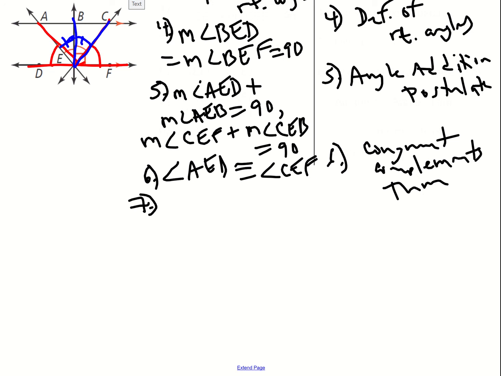Now we're going to look at some angles here for the alternate interior angles. So let me erase this so we can focus on what I'm pointing out here. If you look at BAE and AED, these two angles here are alternate interior angles because you have two parallel lines cut by a transversal.